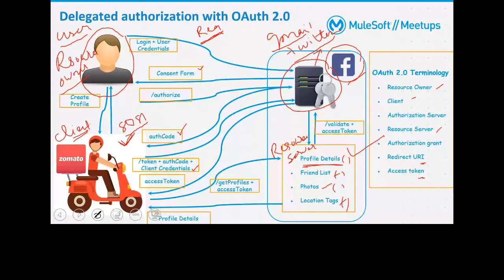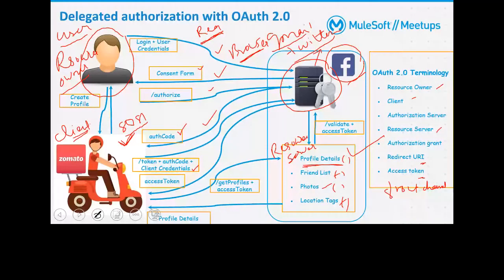All of this is happening on the browser only. If these things are happening on the browser, we call it front channel. I didn't mention it here, but this is called front channel.